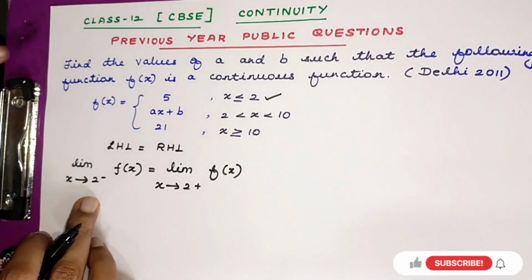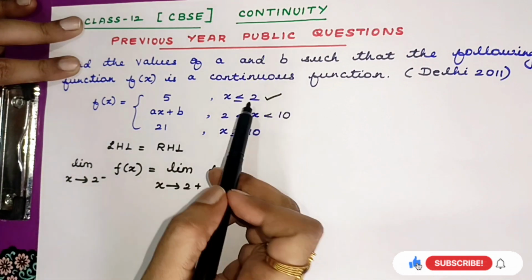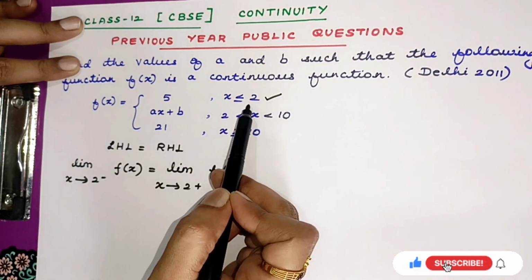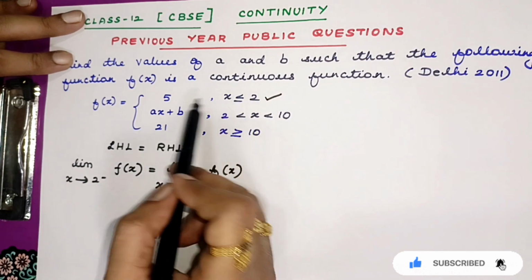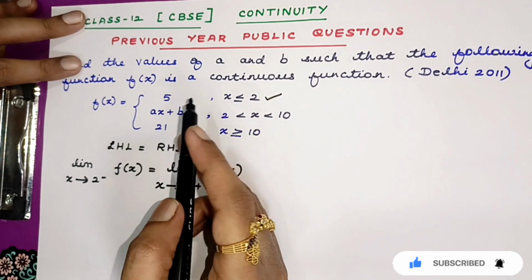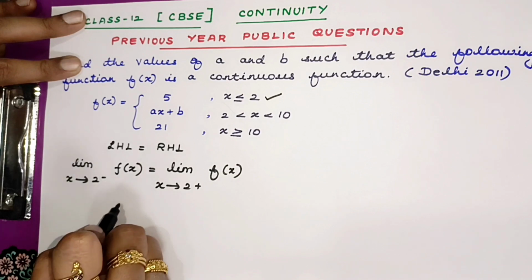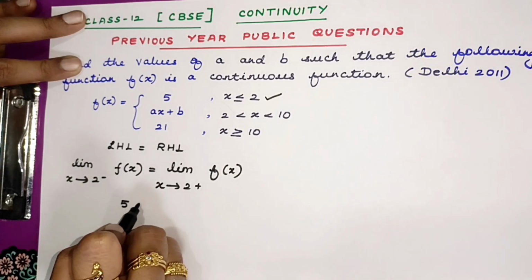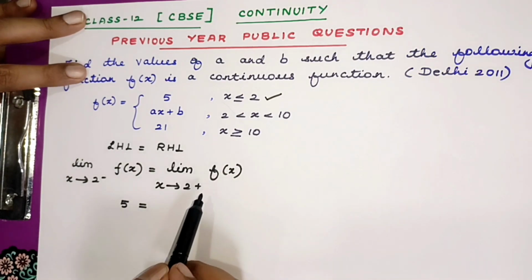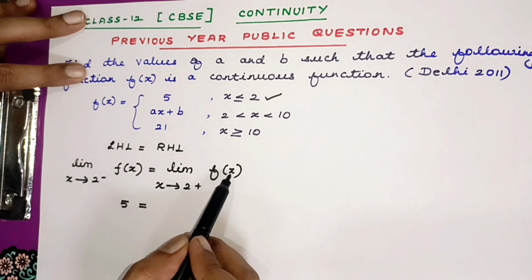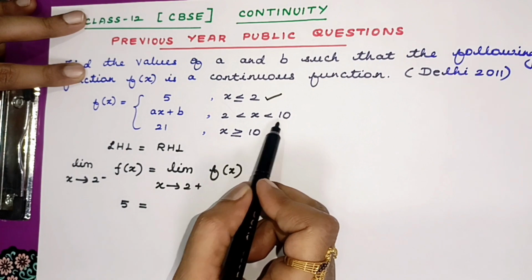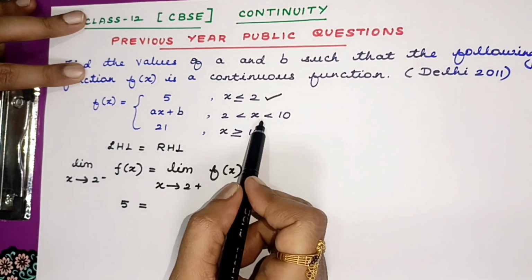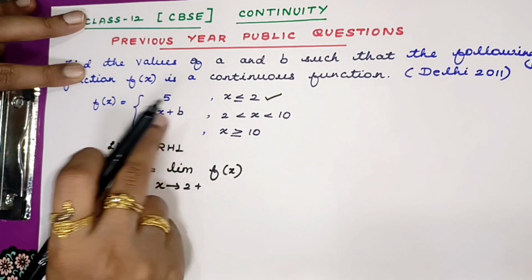For 2 minus, the function belongs to 2 or below 2, so we should consider this 5. So 2 minus means we have to take 5. That is equal to limit 2 plus f of x. 2 plus means more than 2, so we have to take this function.